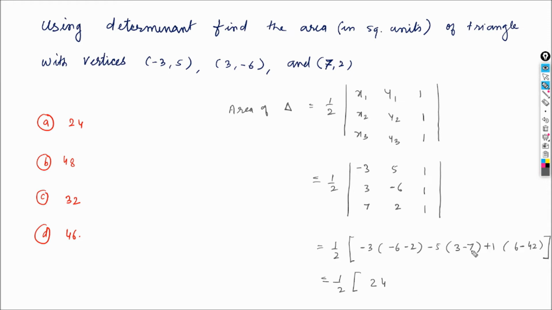Here 3 minus 7 means minus 4, minus 4 into minus 5 is plus 20. So this is 6 plus 42, which means 48. So this is equal to 44 plus 48, which means 92 upon 2, which is 46. This will be our answer.